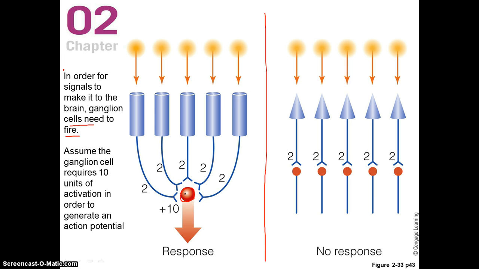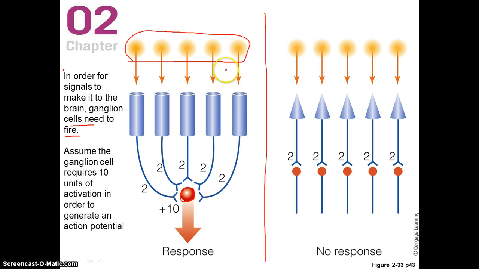because if this ganglion cell doesn't fire, then the signals aren't going to reach the brain, and so there's going to be nothing telling the brain that there's something out in the physical environment. So these are spots of light that might stimulate each of these rods. Rods detect light.